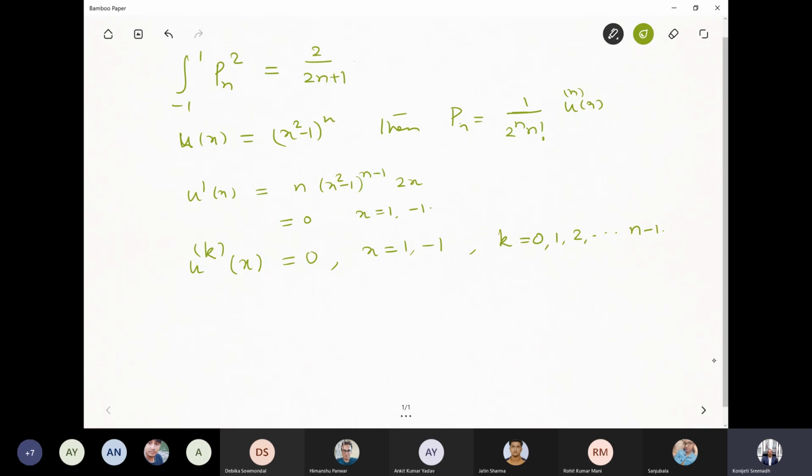Therefore, now you write the integral from minus 1 to 1 of Pn square. It is nothing but 1 by (2 power n into factorial n) whole square, times the nth derivative of u into the nth derivative of u, dx. Just evaluate this. Of course, Pn square will have this twice.